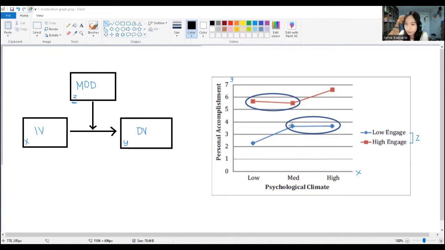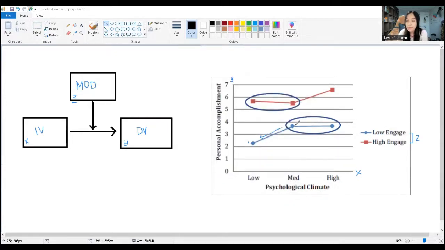And also, as we can see here from the graph, the low engagement, which is the blue colored line, shows a decrease. So it's going down, while the medium and high psychological climate do not differ significantly in the DV. And you can see that it is in a flat line position. It doesn't go downwards or upwards.